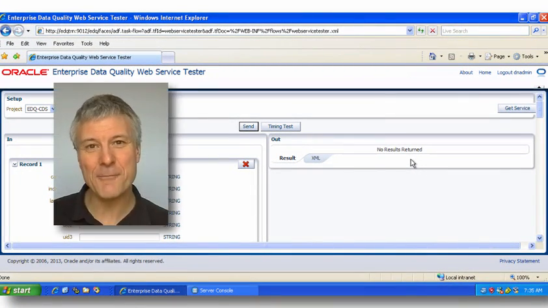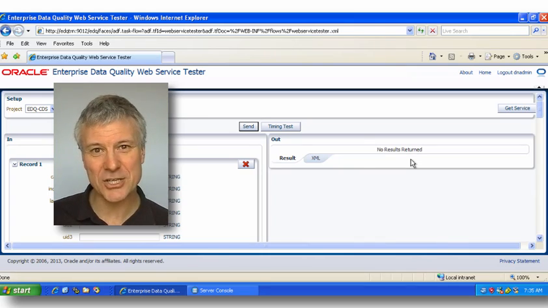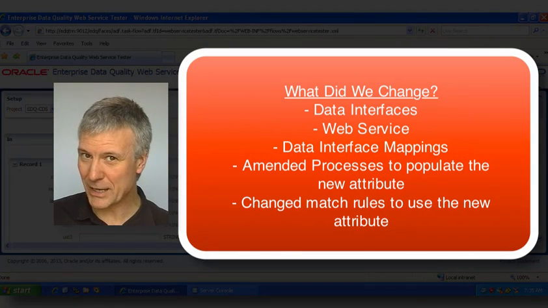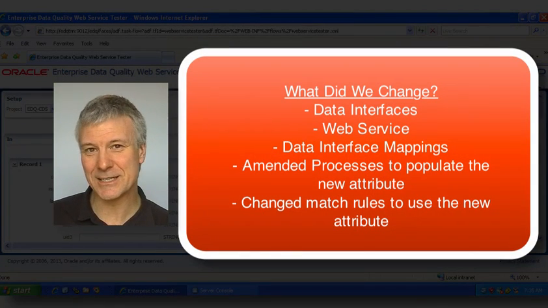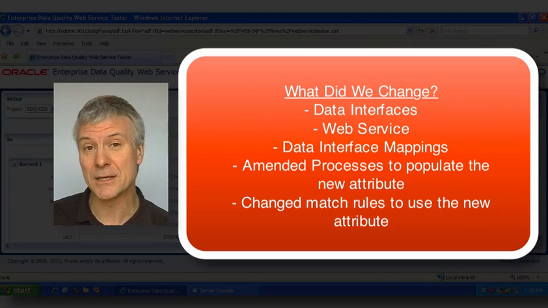So that was an example of changing an EDQ CDS service, one of the duplicate identification services. And just to remind you, we changed the interfaces to put our new attribute in account ID. We changed each of the data interfaces that we needed to change. We changed the web service that was bringing the data in, which is actually what we're looking at here.